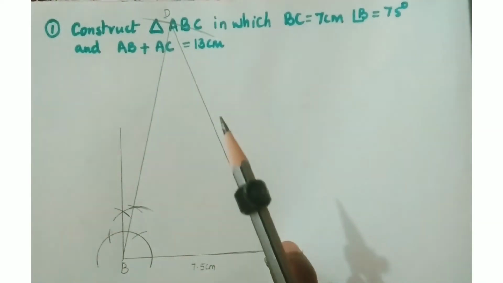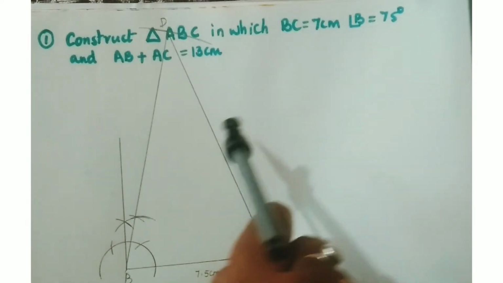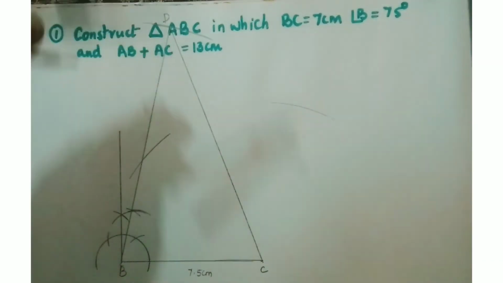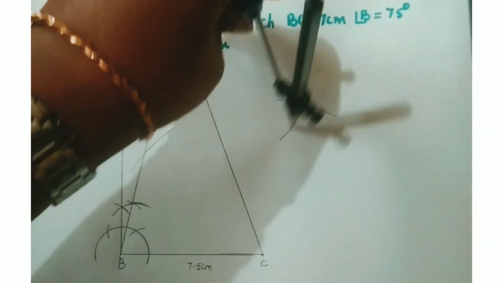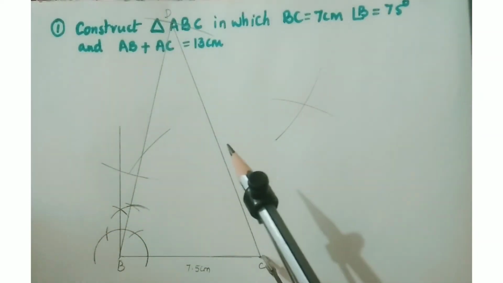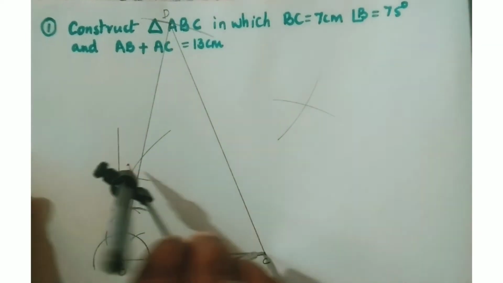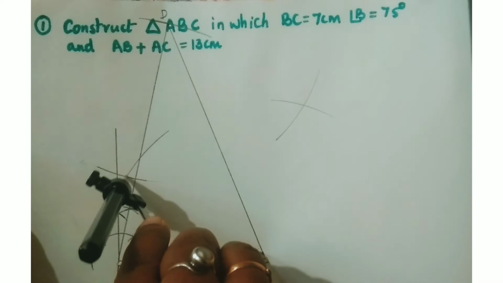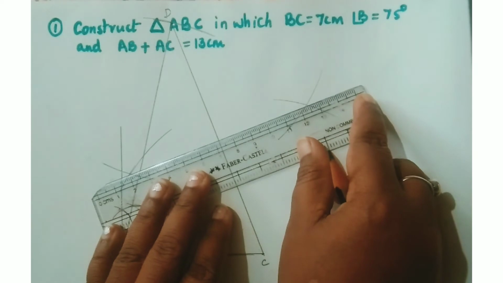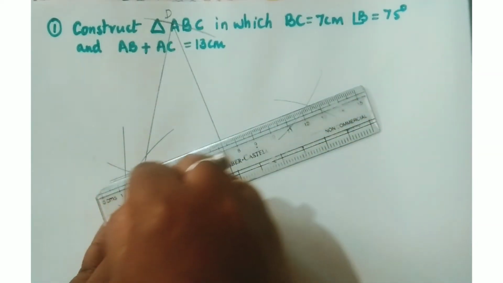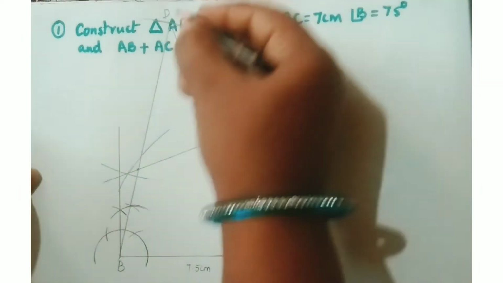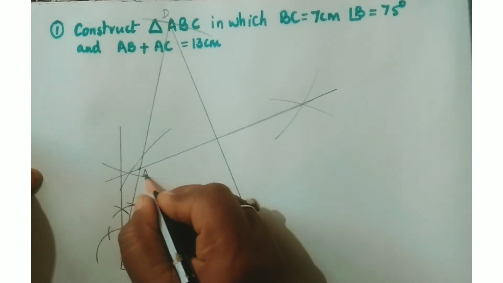To draw it, take more than half of CD and draw an arc above and below CD, the same way on both sides. Now draw the perpendicular bisector line, and you can see this perpendicular bisector cuts BD at a point. So this is A.